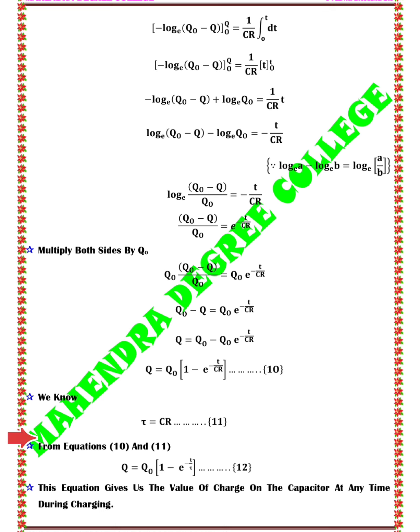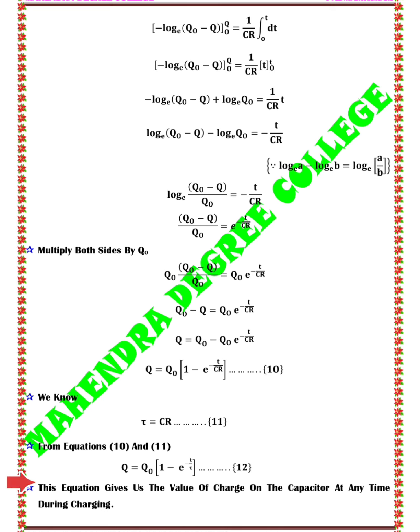From equations 10 and 11, it means CR replaced by tau. We get Q equals Q naught into 1 minus e power minus t by tau. This is the equation number 12.